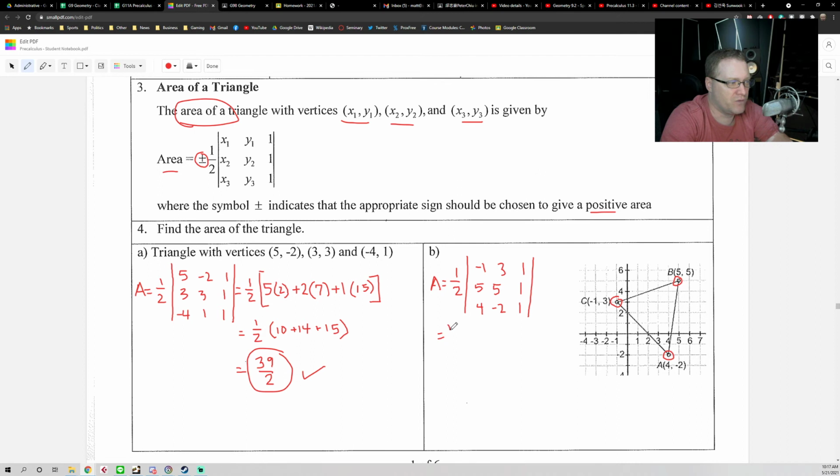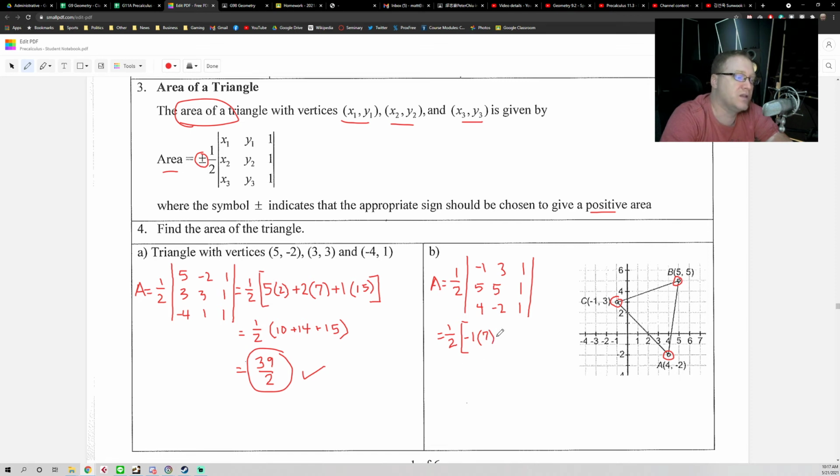So it's going to be 1/2 times, and we're going to find the determinant of this matrix. We're going to start with -1 times, and then if we cross this out and this out, we've got 5, 1, -2, 1. So 5 times 1 is 5 minus -2. That's 5 plus 2, which is 7.